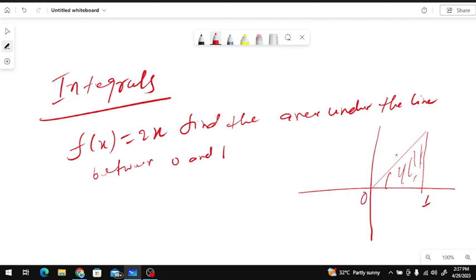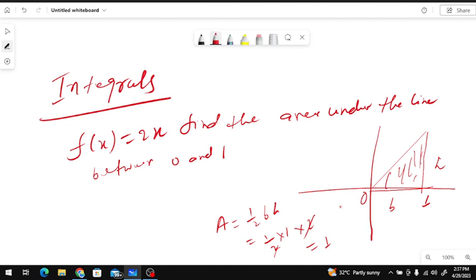Using the basic geometrical formula, the area of the triangle equals half into base into height. The base is 1 and the height is 2. So 1 by 2 into base into 2 becomes 1 unit.